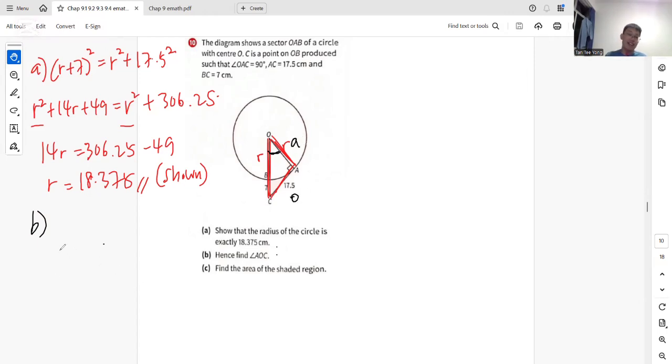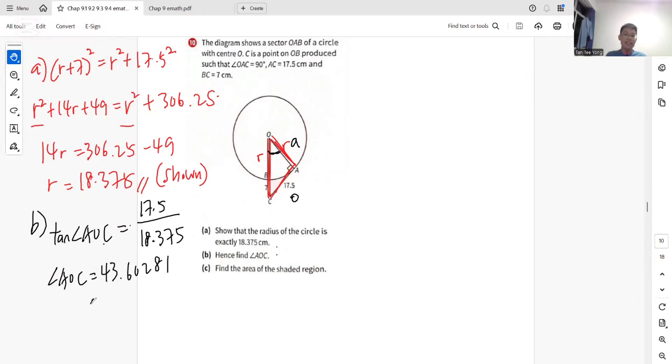So tangent of angle AOC equals opposite 17.5 over adjacent 18.375. So angle AOC equals tangent inverse of 17.5 over 18.375. This will give me 43.60281, so rounded off, 43.6 degrees, 1 decimal place.